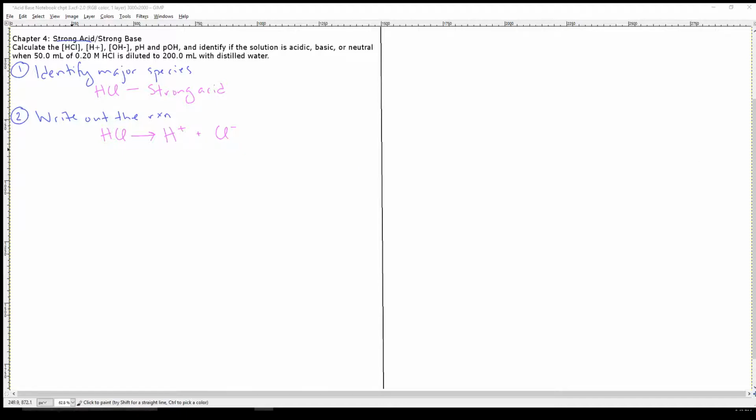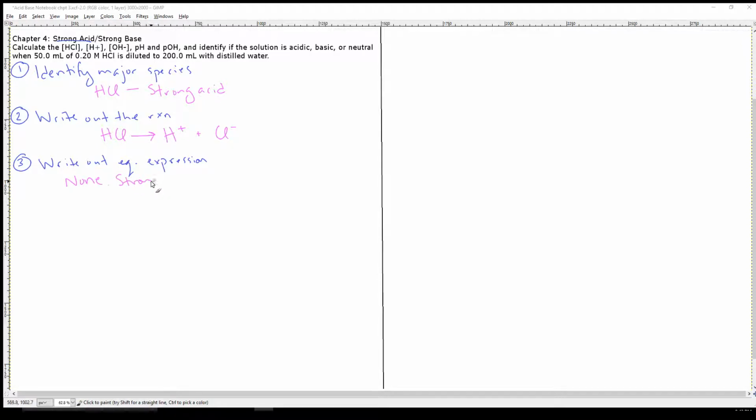Okay, so let's write down that step about writing out the equilibrium expression, and then we're going to deny it. So write out equilibrium expression. And then you're going to say no equilibrium expression, there's none.